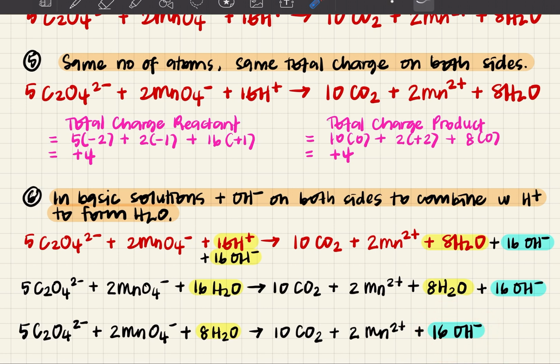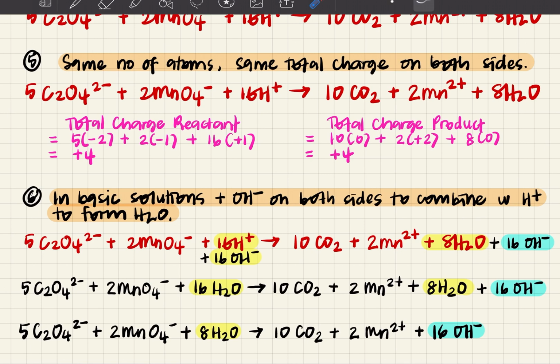Okay, so apa beza dia bila your redox reaction is in acidic solution dengan basic solution. Okay, you can see how many H plus ions and how many OH minus ions, hydroxide ions, are present in your balanced chemical equation lah.